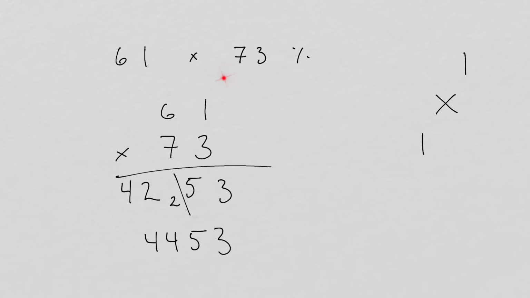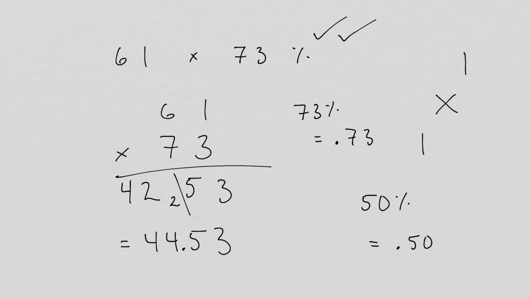Now remember, we were multiplying by a decimal, so we took the decimal out. We need to put it back in 2 spaces, 1, 2. We get our answer real fast, 44.53. So anytime you're multiplying by a percentage, you're going to be bringing the decimal in 2 spots. 73% equals 0.73. 50% equals 0.50, or just 0.5.